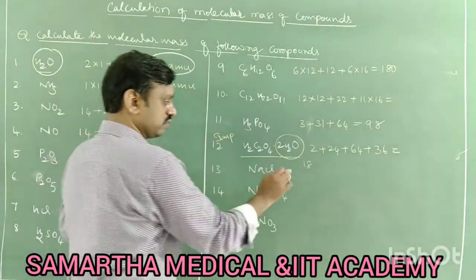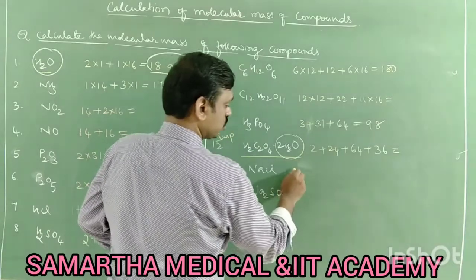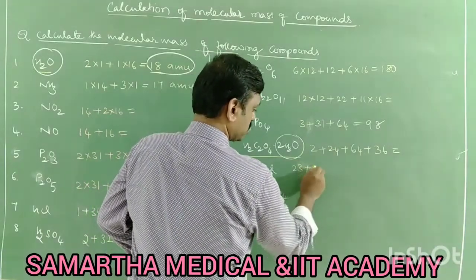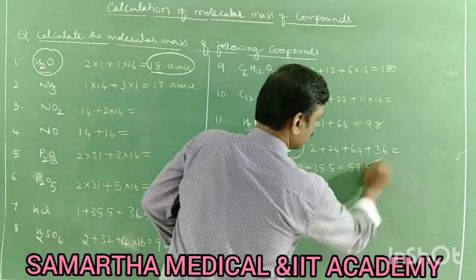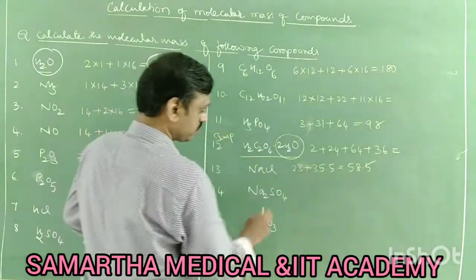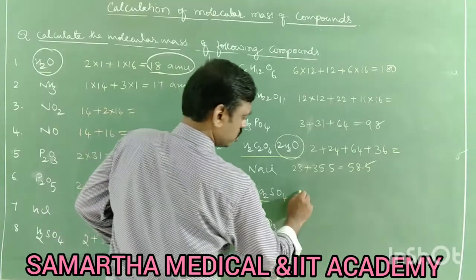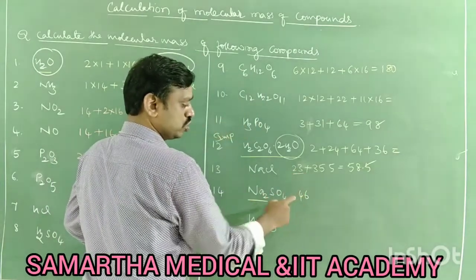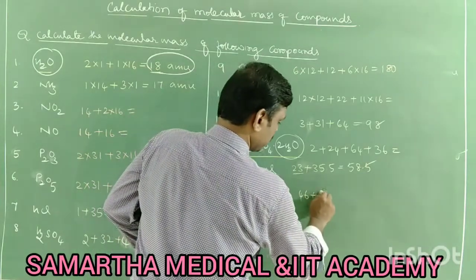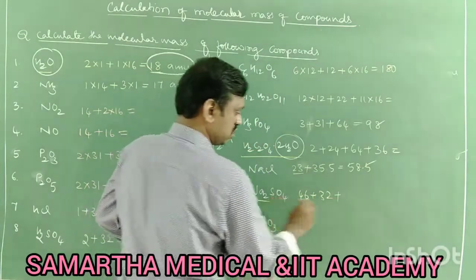Next, here NaCl, sodium is 23 plus chlorine is 35.5 equals 58.5. Next there are 2 sodium. 1 sodium 23, 2 sodium 46, plus sulfur 32, oxygen 64.